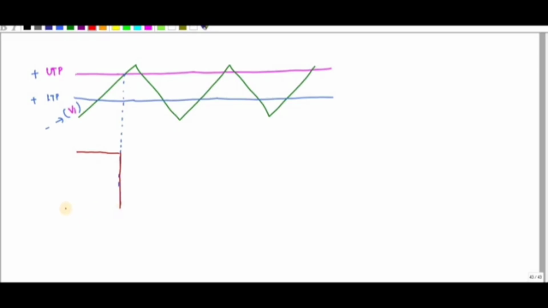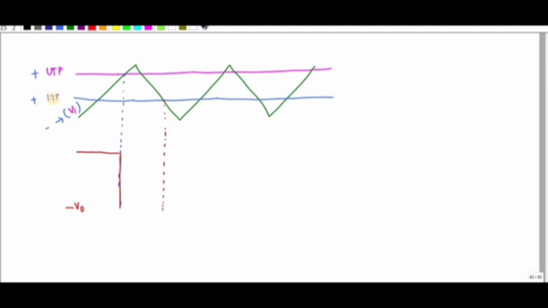Let me assume this point is minus V0, till it reaches the LTP value.